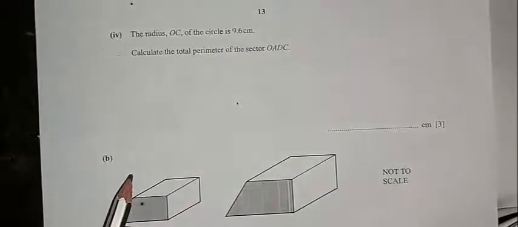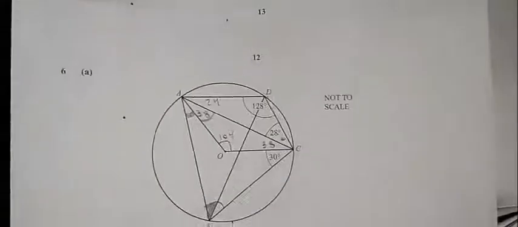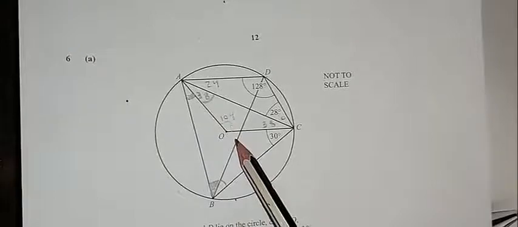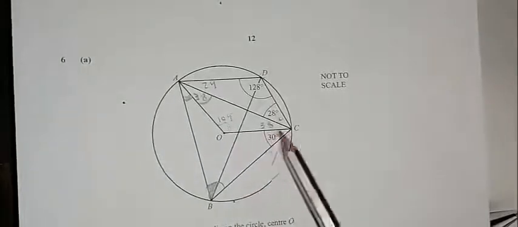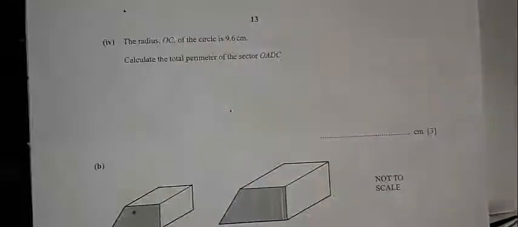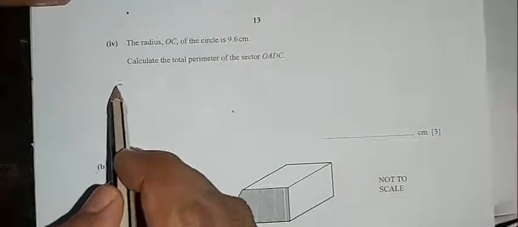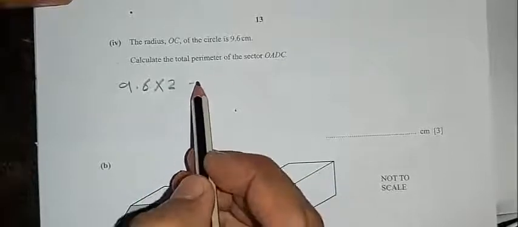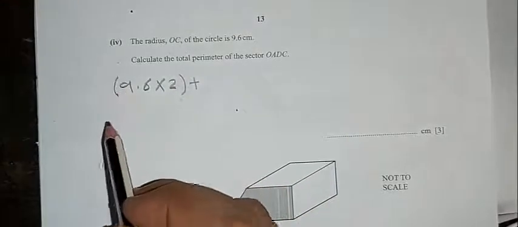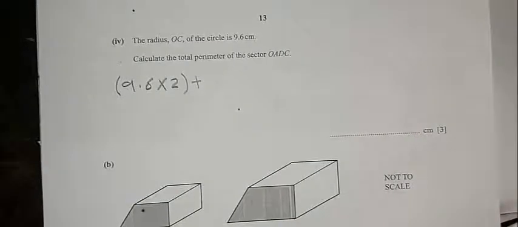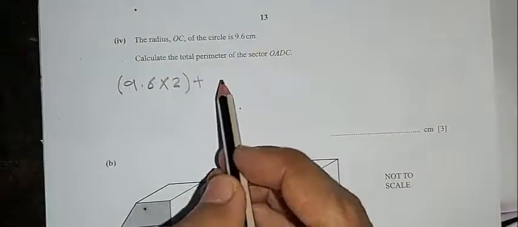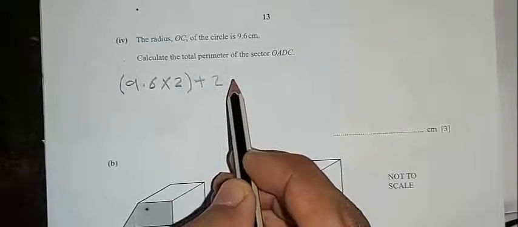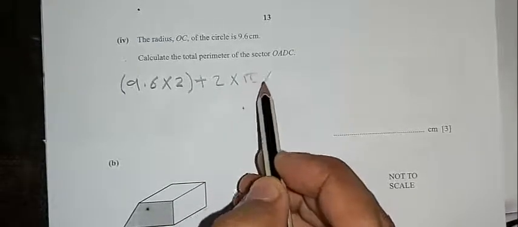So to find the perimeter of the total sector, we will add 9.6 for this AO plus another 9.6 for OC, or we can write it as 9.6 times 2, then plus the length of the arc, which equals the formula of the perimeter of a full circle, 2 times pi times r.